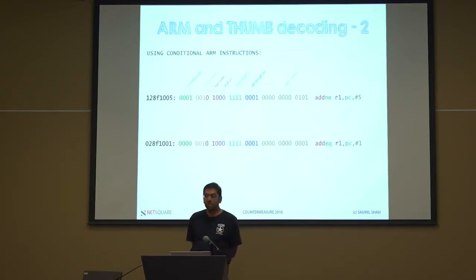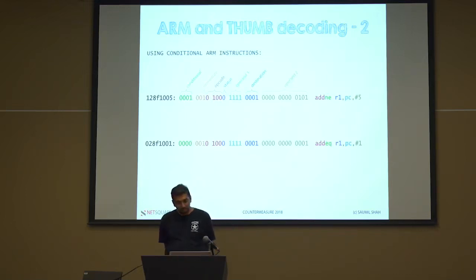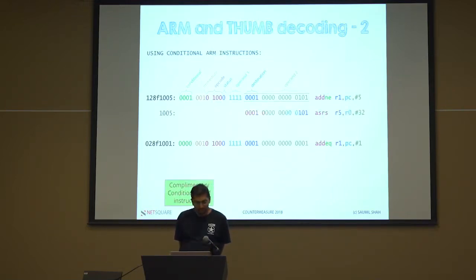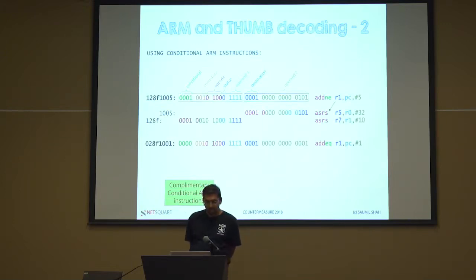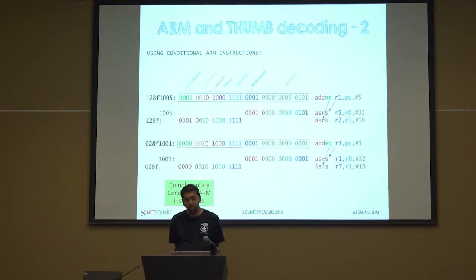Now, if I do the decoding, things look a lot better. So the first instruction is add if not equals. I decode it. Okay, the first thumb instruction is still ASRS. That's okay. The second thumb instruction is now based on the not equals condition in the first instruction, and that also results in an ASRS, which is fine. Then if we go to the second one, again an ASRS, and then the next condition, equals, results in LSLS.